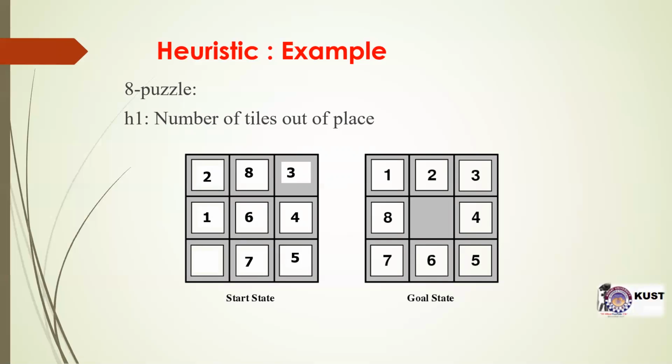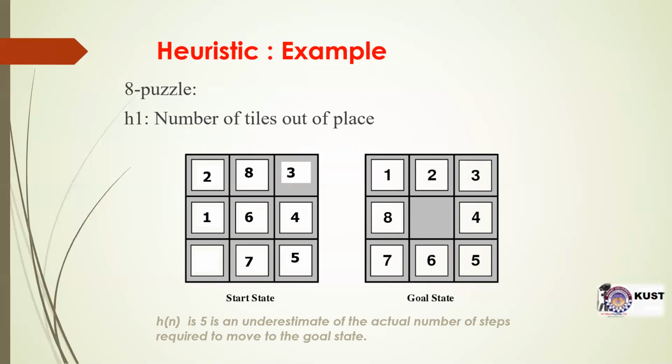While tiles 3, 4 and 5 are in their correct positions as in the goal state. So we can say there are 5 tiles that are out of place, so the heuristic is 5.